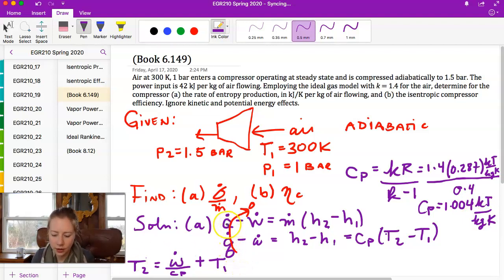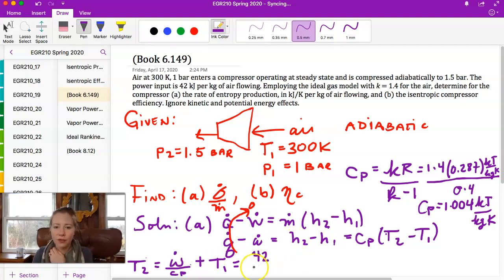And then the last piece we have is our power input, so that's good. All right, we have everything we need. So T2 is going to be equal to 42 kilojoules per kilogram, and the kilojoules per kilogram from this W is going to cancel out with the kilojoules per kilogram for the Cp.